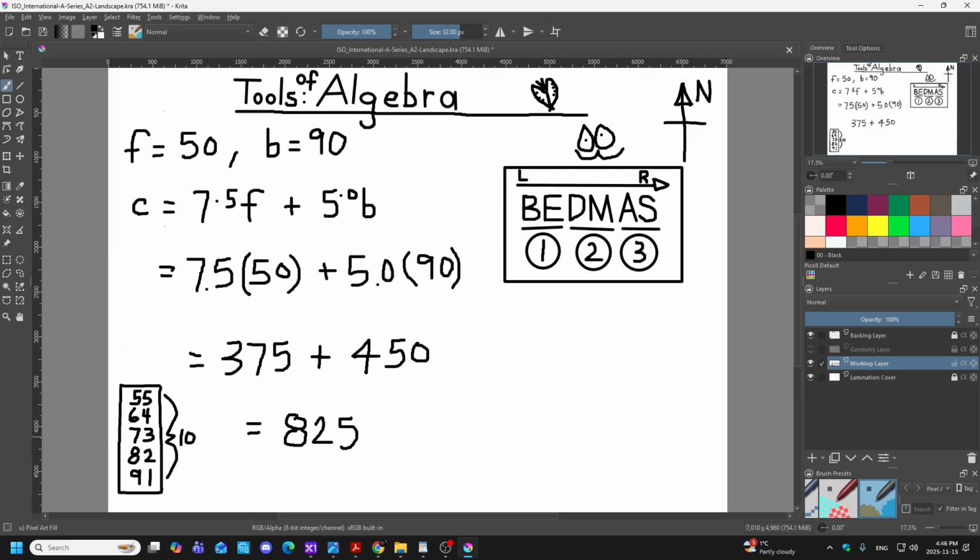Now, do I have the answer for that one? Let's find out. That one is number 33. I should. 33. There we go. $825. And for accuracy, I'm going to go 0, 0.